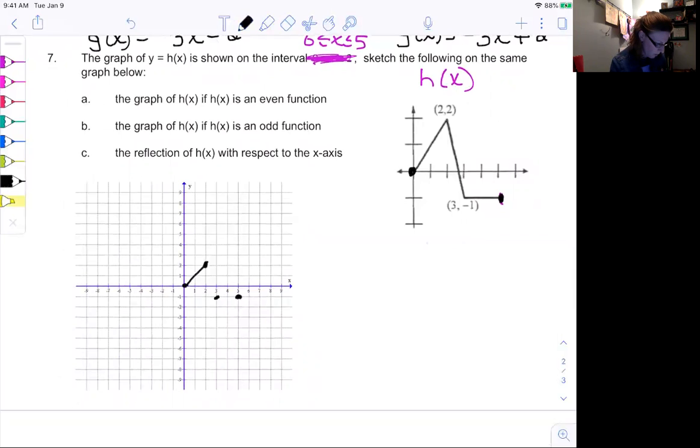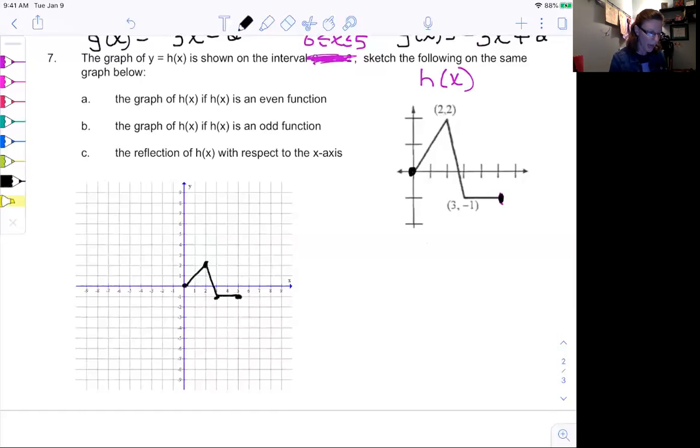So this is our original graph. There we go. In the first part, for A, since it says we want the graph of h of x, if h of x is an even graph.